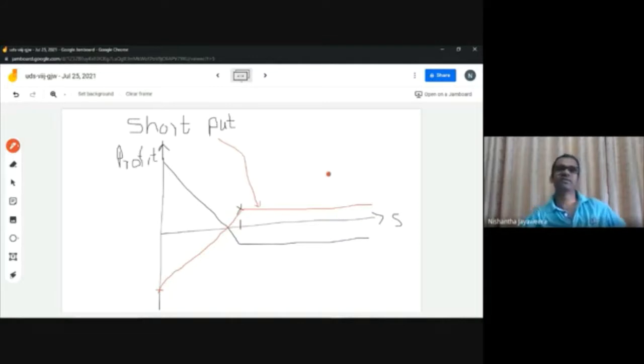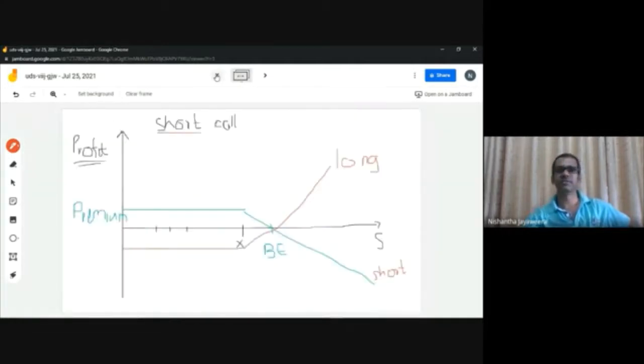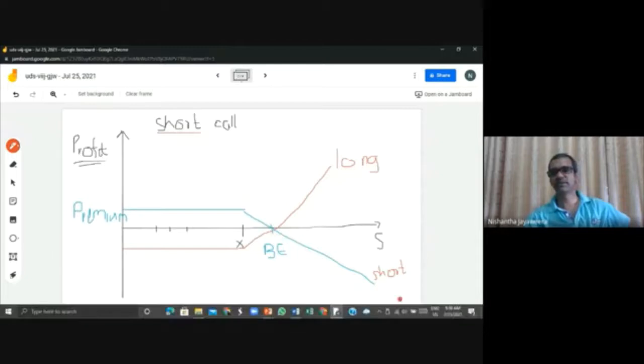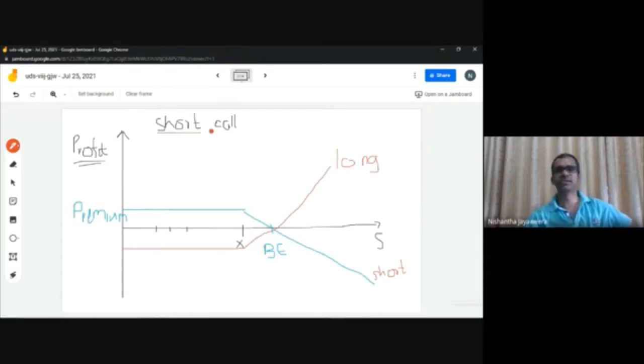It can be really unlimited, but in a put option, at least it will be limited at the strike minus premium. In the short call option, the loss can extend without any limit. So the riskiest strategy is selling a call option.